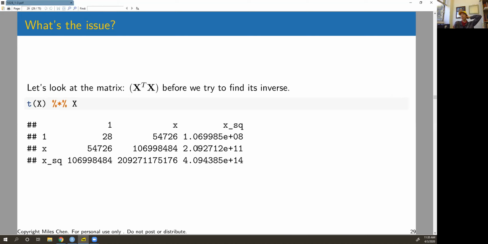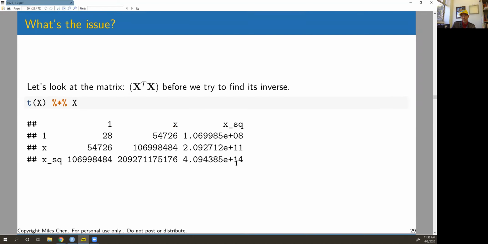Actually, for the year 2000, 2000 squared is 4 million. When I take 4 million and multiply that by another 4 million, I'm going to get 16 trillion, 16 followed by 12 zeros. And when you sum all of that up, we're getting something on the order of 4 times 10 to the 14. We're getting some really, really big numbers.